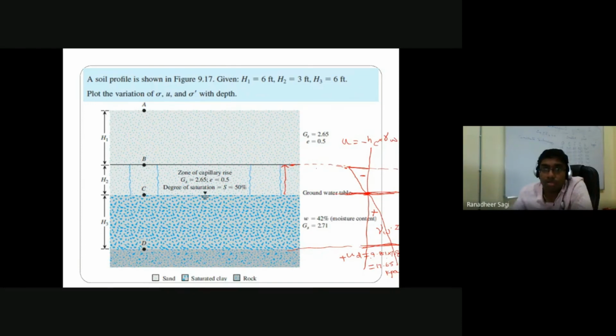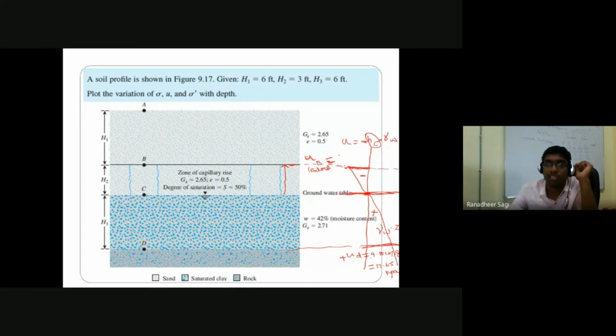So how much is the intensity of the negative pore water pressure just below point B? It's the capillary rise, and the negative symbol indicates negative pore water pressure. The capillary rise is over a depth of H2 meters in the soil strata. Pore water pressure at point B, slightly below, is what I am referring to.